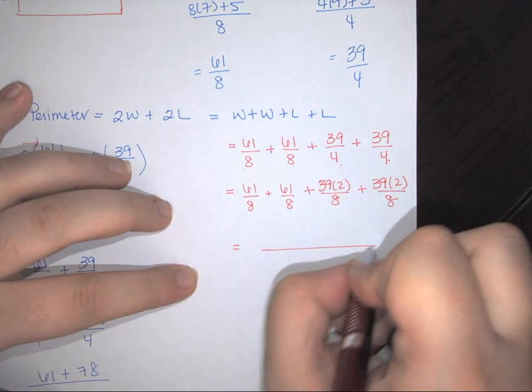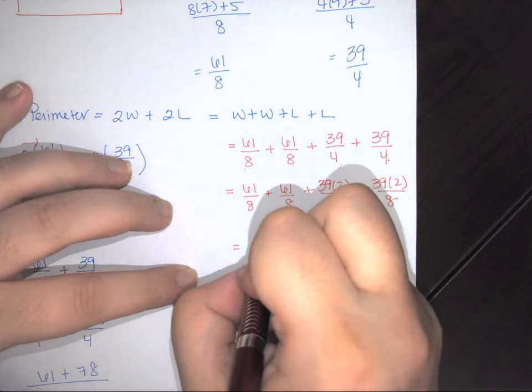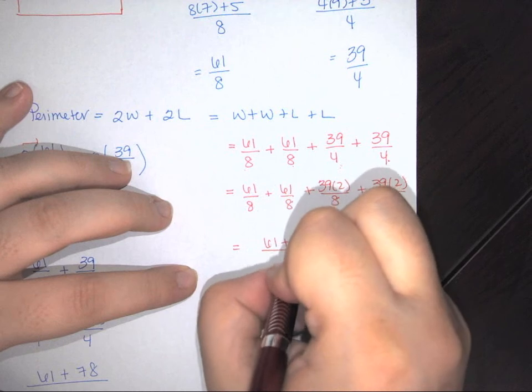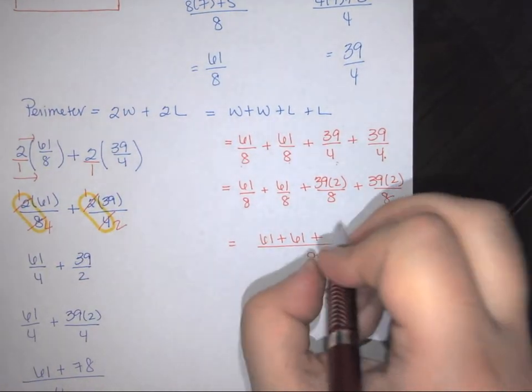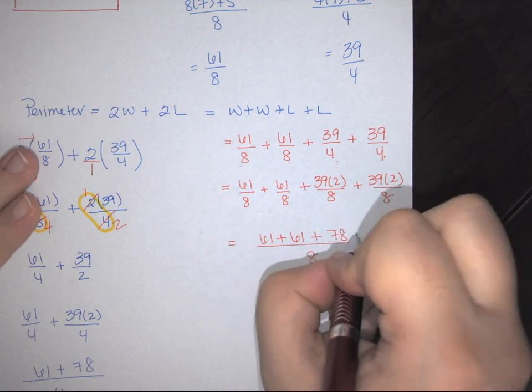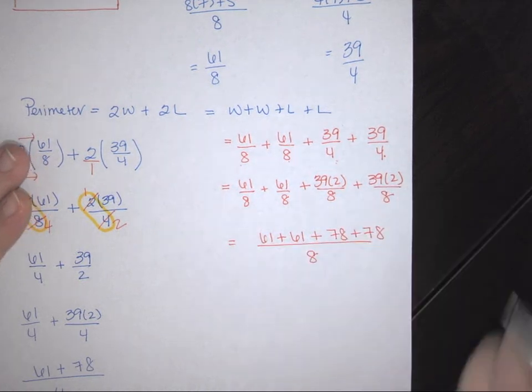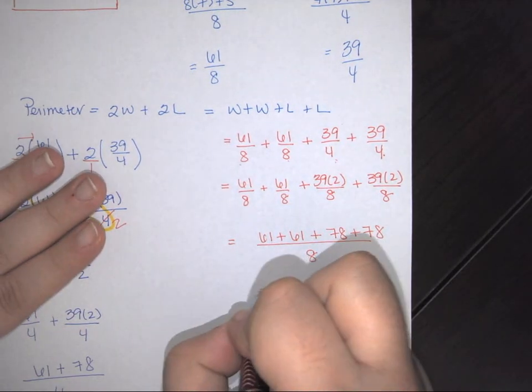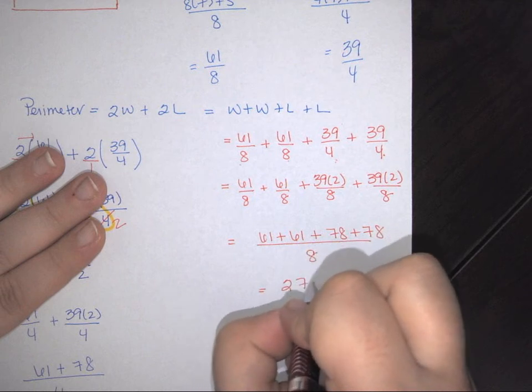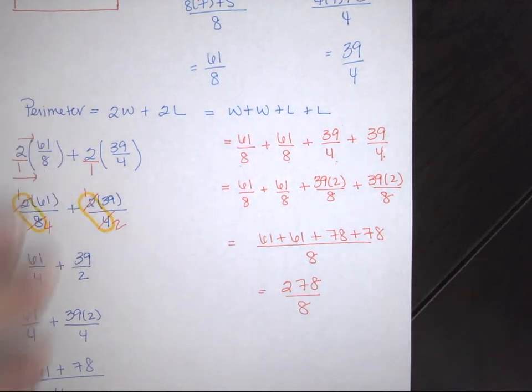Which means my whole thing is over 8, and this is going to be 61 plus 61 plus 39 times 2, which gives me 78 plus 78. And then we would simply have to add them. So 61 plus 61 plus 78 plus 78 is going to give me 278 over 8.